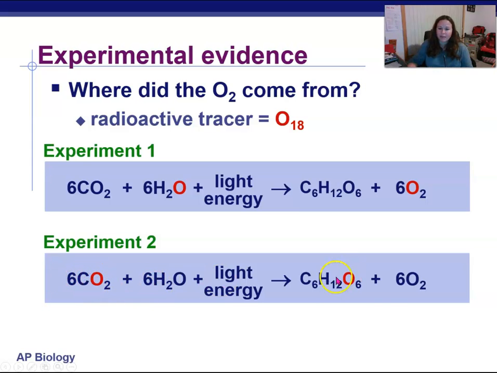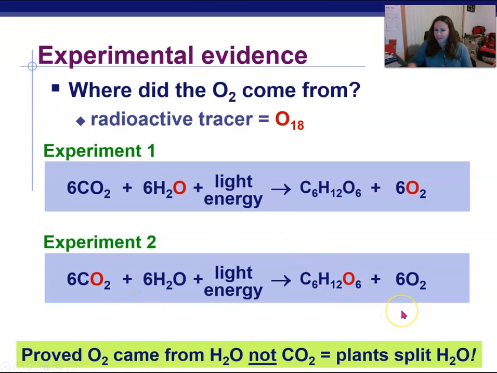And if that would have been the case, then we would have found the radioactively labeled oxygen in the oxygen gas, but that's not where we found it. It was found in the glucose. So there we go. We proved, although I don't like to say the word proved, but we proved that oxygen came from the water, not from carbon dioxide.